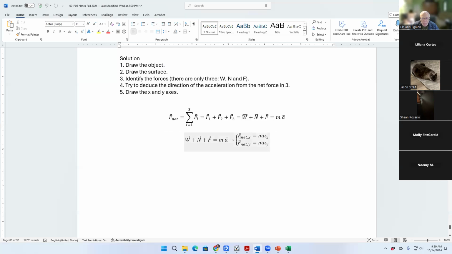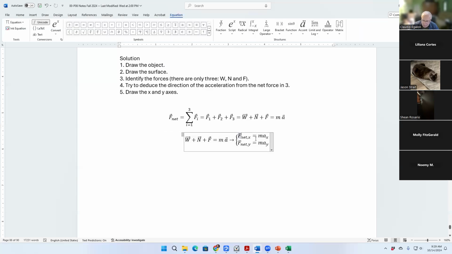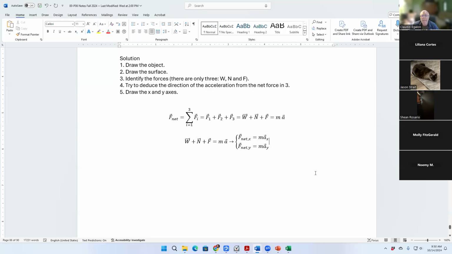Okay. First, I'm going to put it as a vector, okay? And then I'll take out the vector because it's going to make it easier. And here too is going to be a vector. Here's going to be a vector. Okay. There's a reason why I'm doing that.